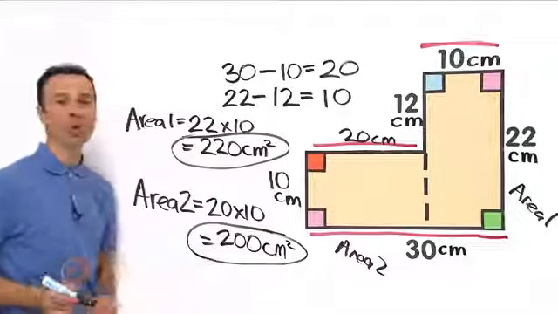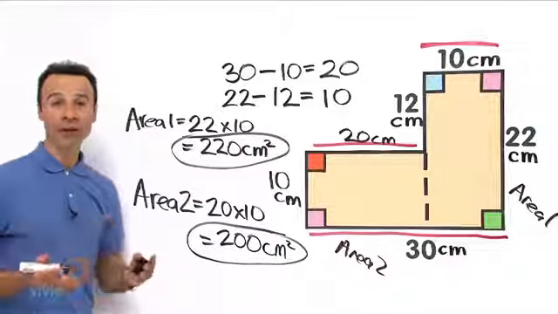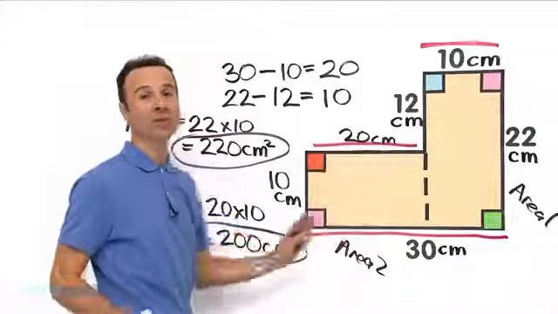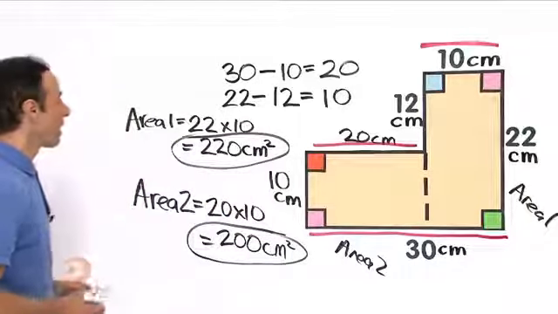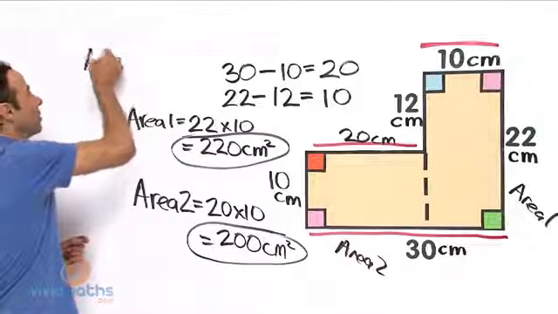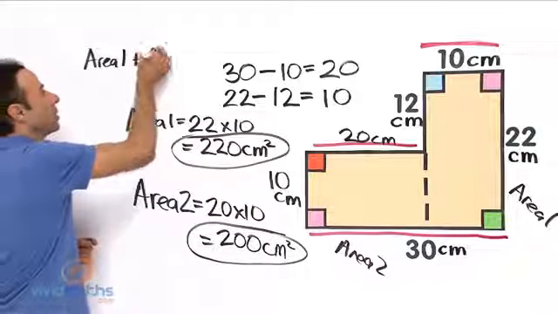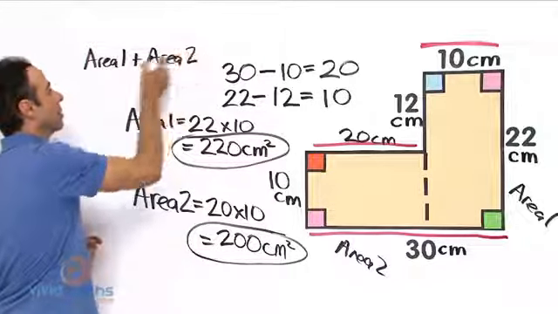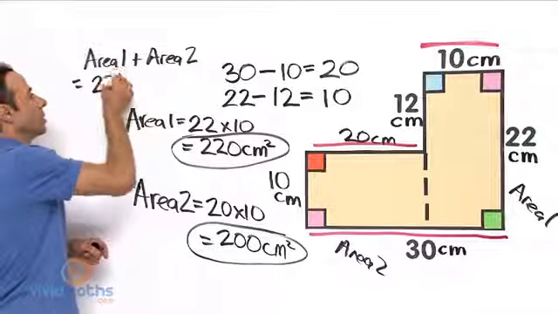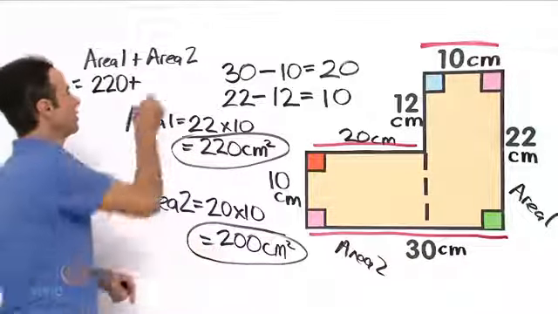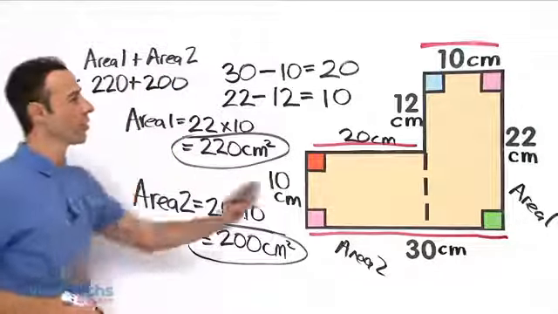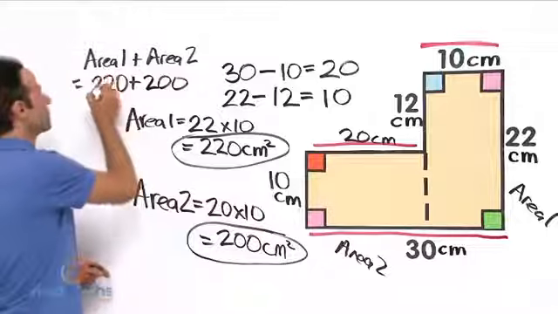Now we have the two areas. All we need to do now is to finally, ultimately add them both together and we'll have the total area of this composite shape. So area 1 plus area 2. 220 plus 200, and that gives us a grand total, the final area for all of these.